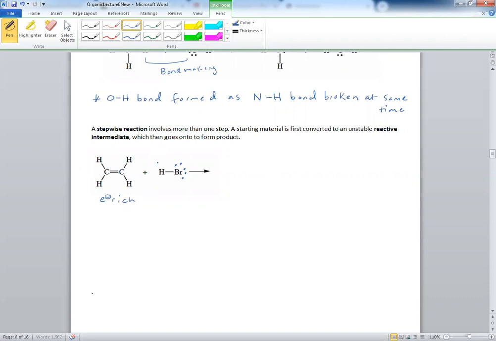And this H right here is electron poor, because it doesn't have the electronegativity that bromine has. So what happens in this step? Well, this double bond, because it's a pair of electrons, would attack or form a bond with H.